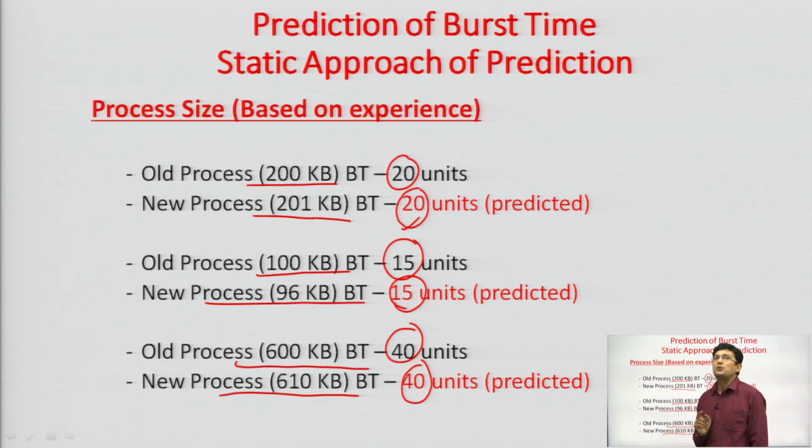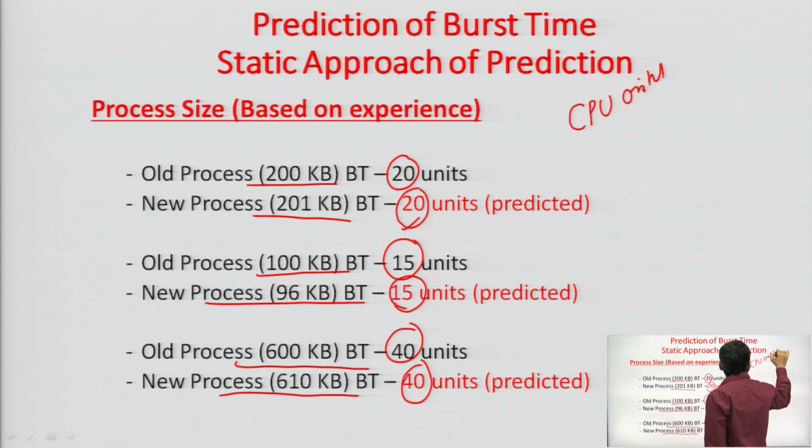Now, consider a situation. There are two types of processes that we already have discussed. One is the CPU oriented or CPU bound process, and another one is the IO oriented process.